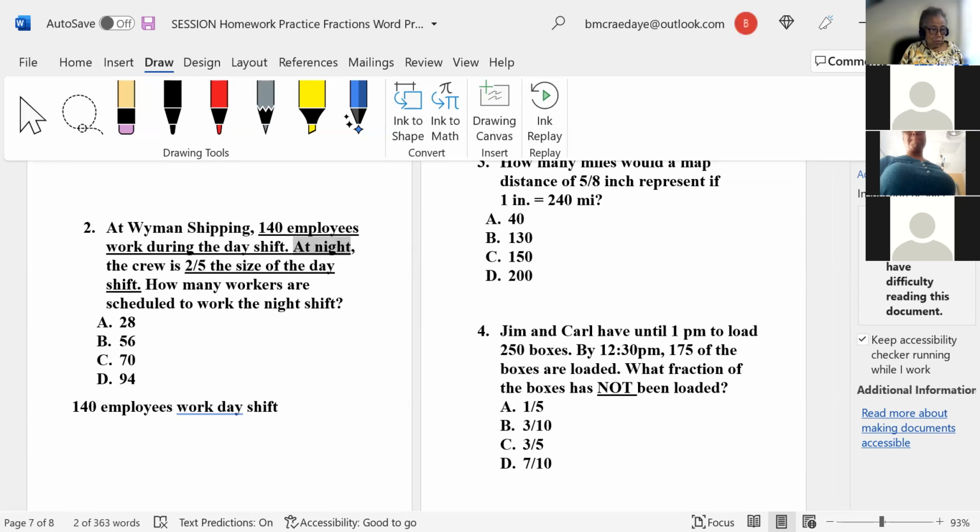So 2/5. What is the 2/5, ladies? No, in the problem, what does the 2/5 represent?